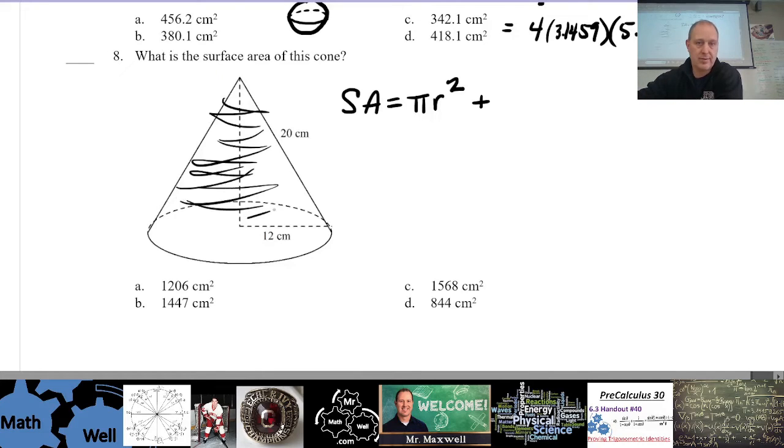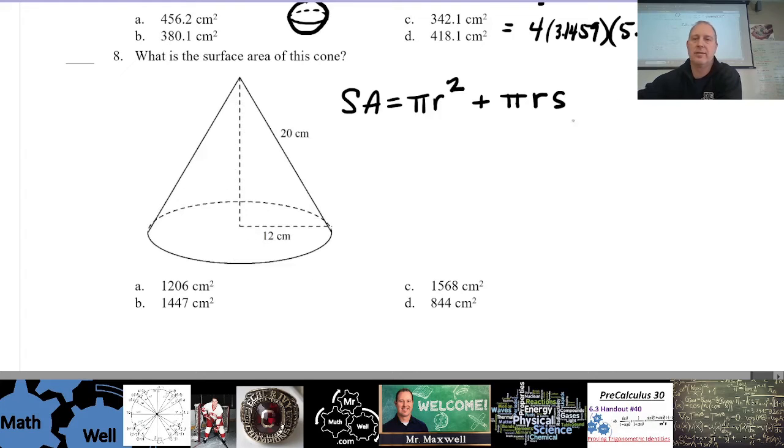Pi times r times s. That's exactly right. Good job. Now, what is s in this diagram? The slant height. Yeah, it's the slant height or side length. So it's 20, that's what s is, and this is r.